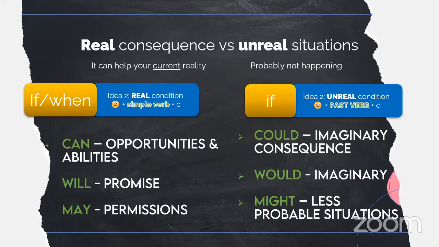El if es lo que lo hace imaginario, no presente. If I went, if I had, if I needed, if I wanted, if I played, if I... all the verbs in past.